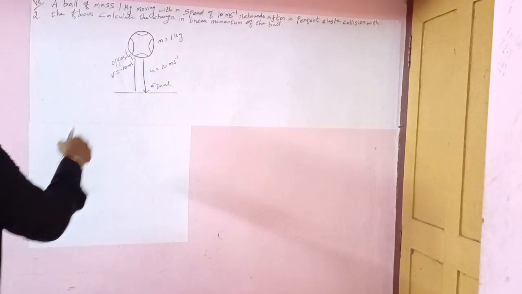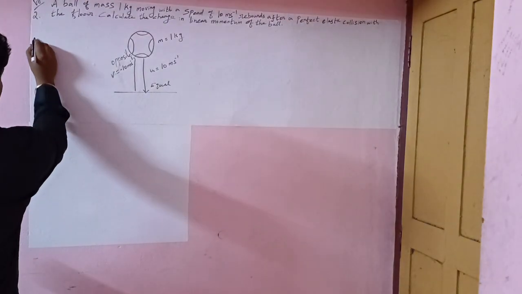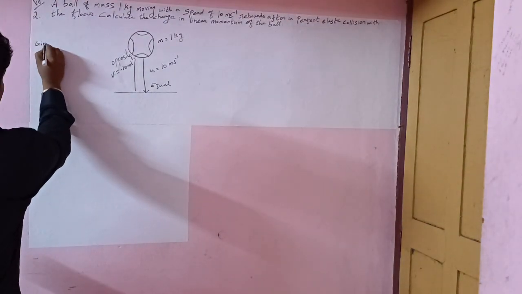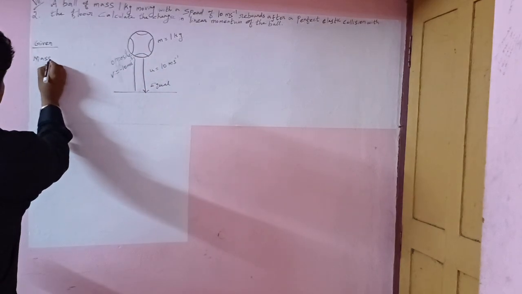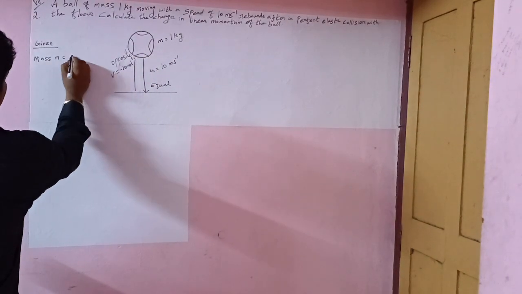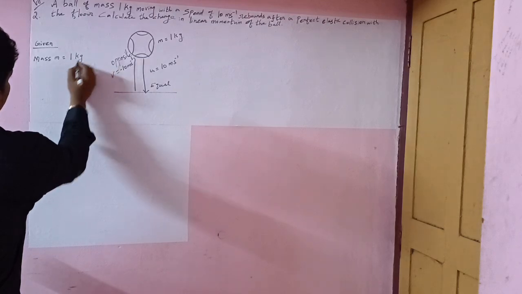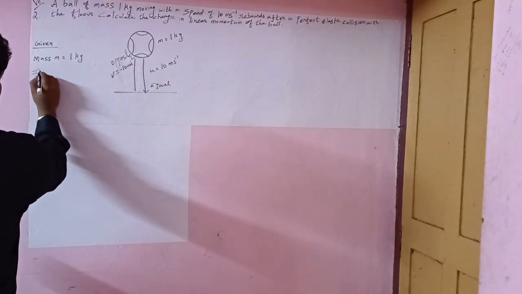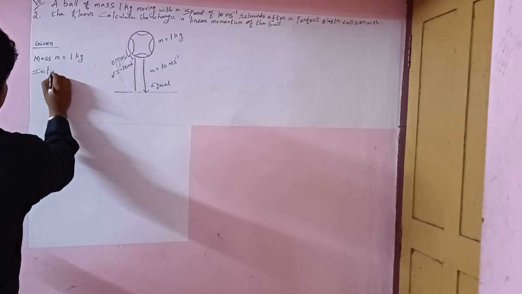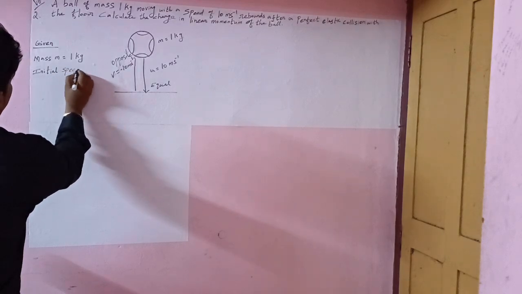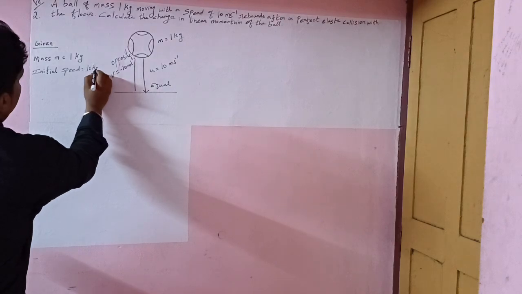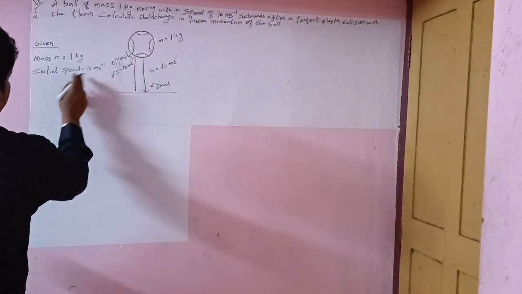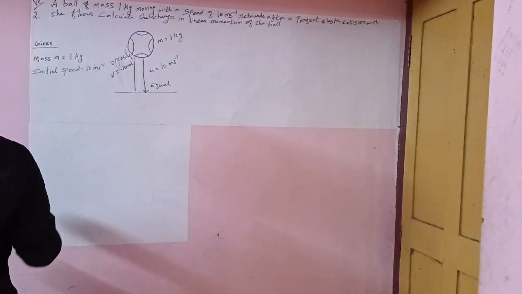So you have to write it in the data. Given: what is the mass value? The mass m equals 1 kilogram. What is the initial speed? The initial speed equals 10 m s^-1.